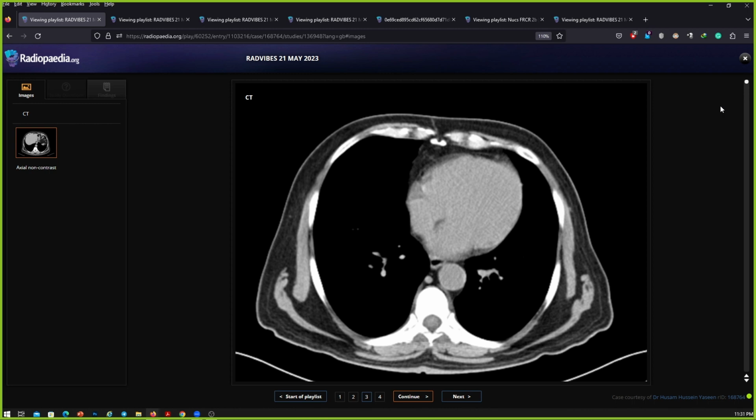I'm presented with axial section of a CT abdomen portal venous phase. I like to go through the entire images first and would like to discuss about it.